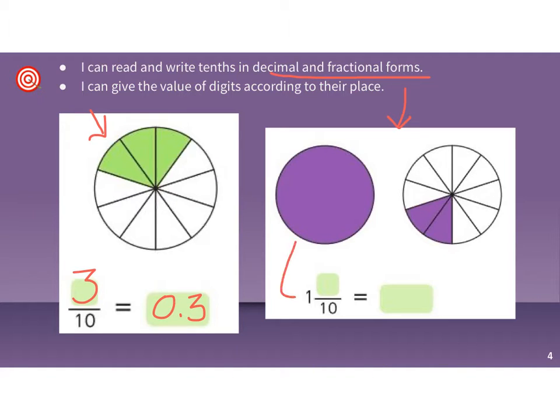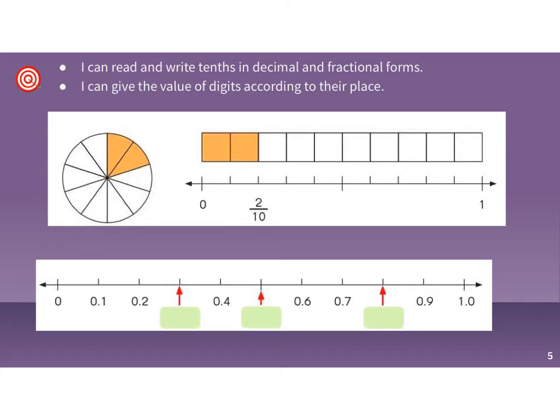How about this model? I've got 1 whole and 2/10 of another. What would that look like as a decimal? You've got it, 1.2, or 1 and 2/10. So a reminder that tenths, I can think of or visualize in any of these formats.